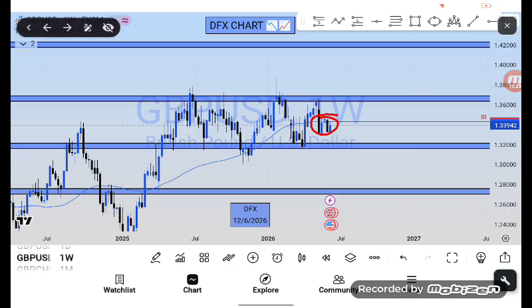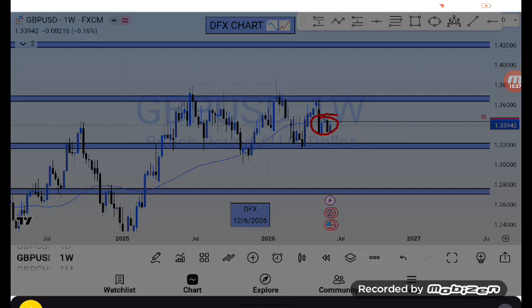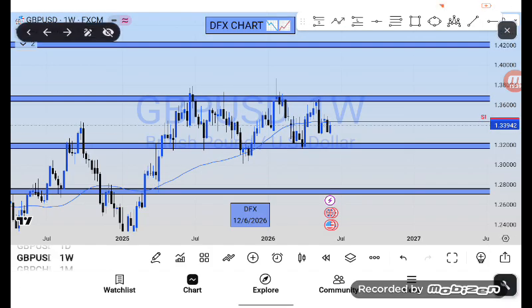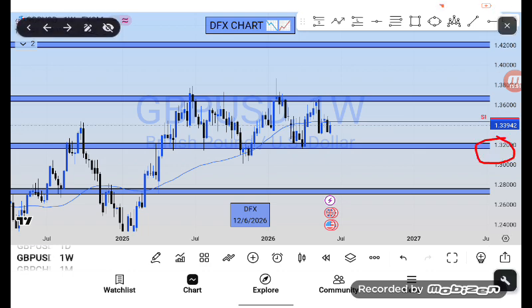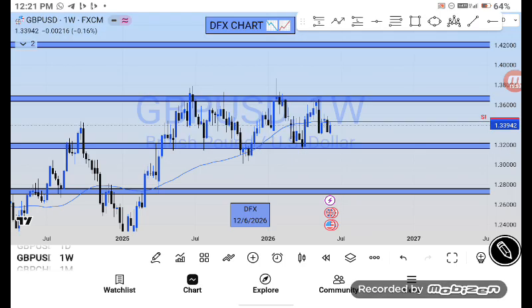This formation is actually an evening star candle. This is what we call evening star. So this evening star indicates that the price is going to eventually drop to this support level around 1.3200. So the market will drop to that point.